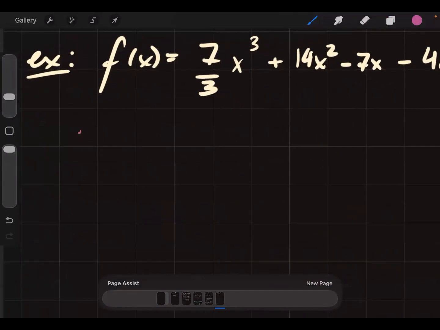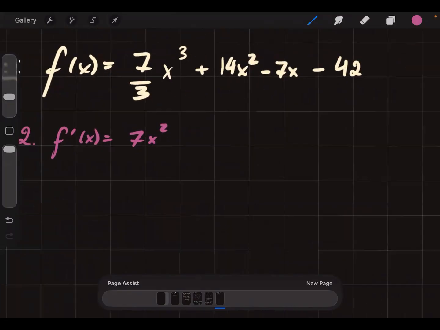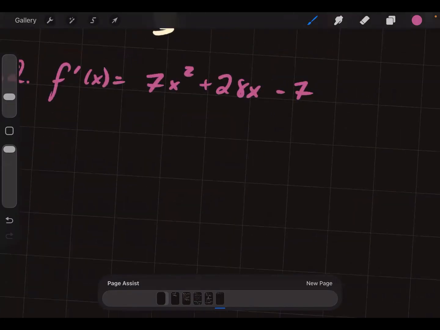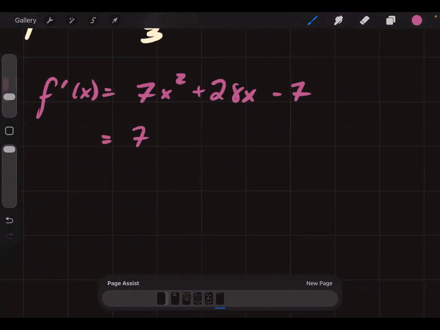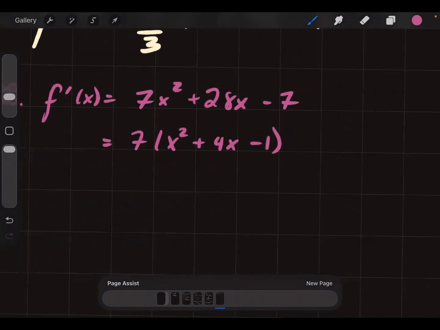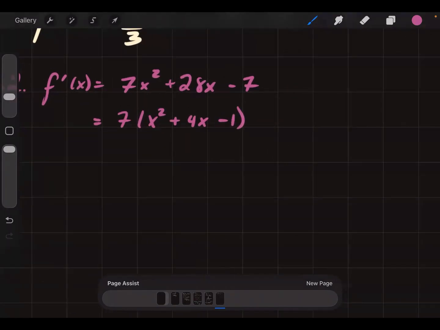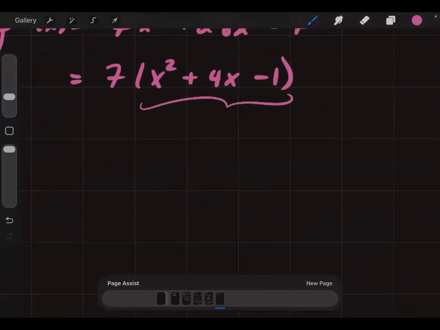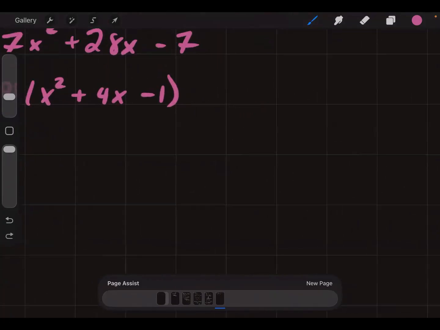So 2, we'll take the derivative. f prime of x is equal to 7x squared plus 28x minus 7, which can be written as 7 times x squared plus 4x minus 1. And then I'm going to use the quadratic formula because I don't know how to factor that using grouping.